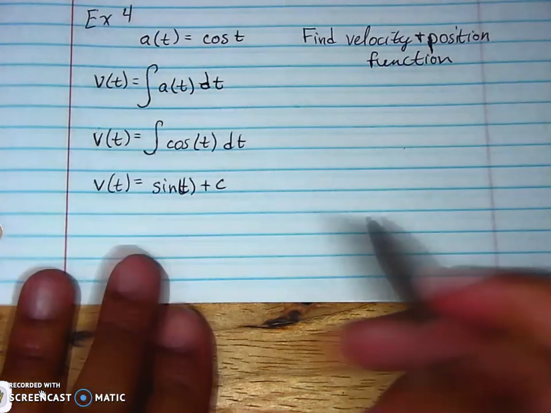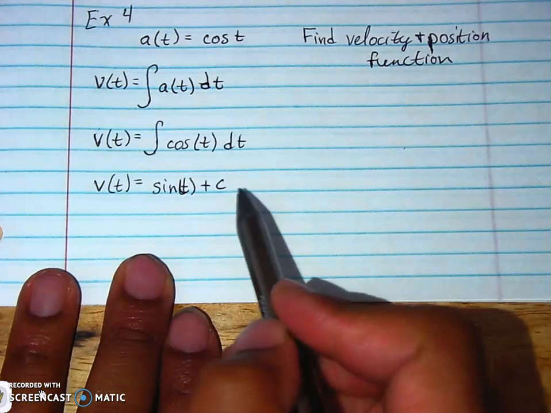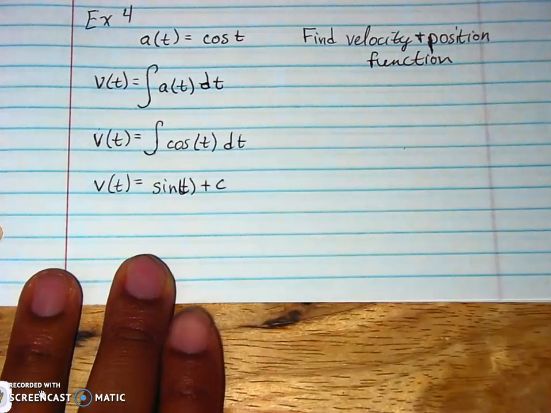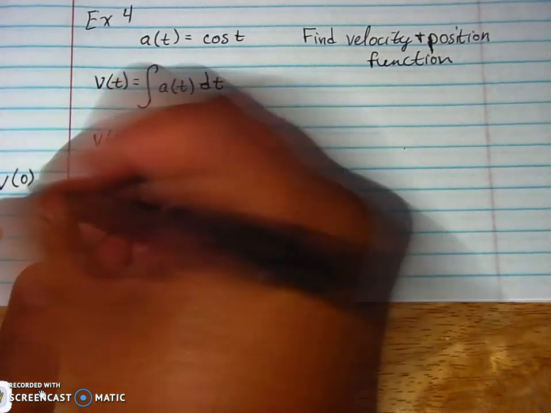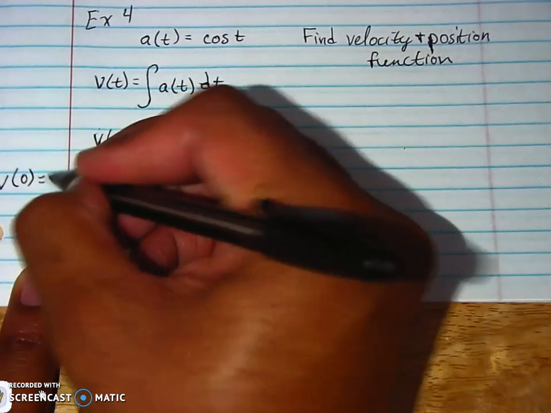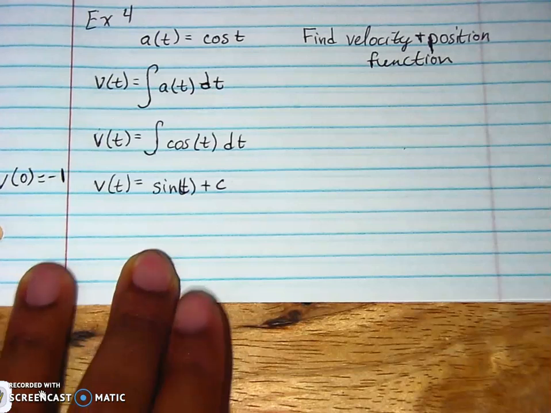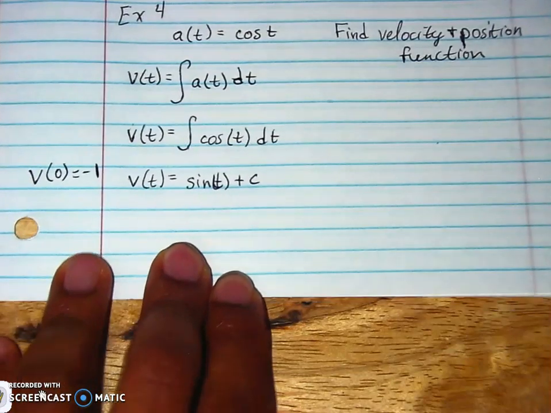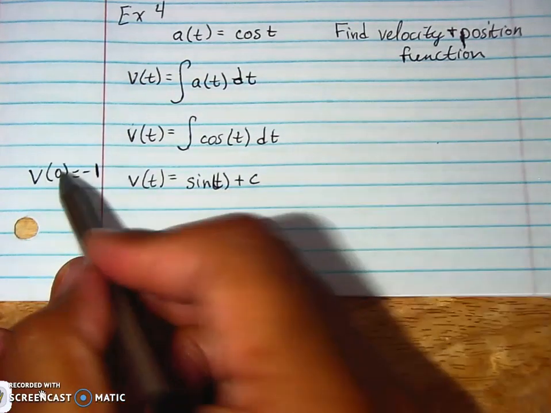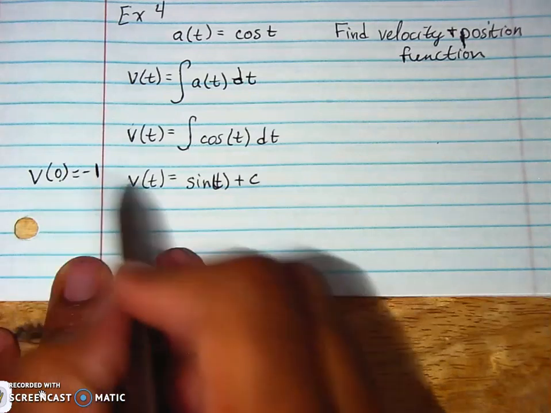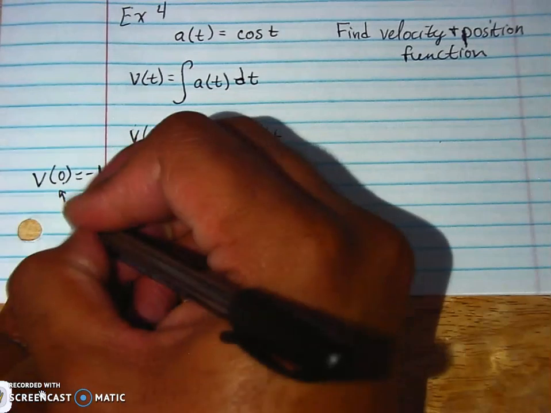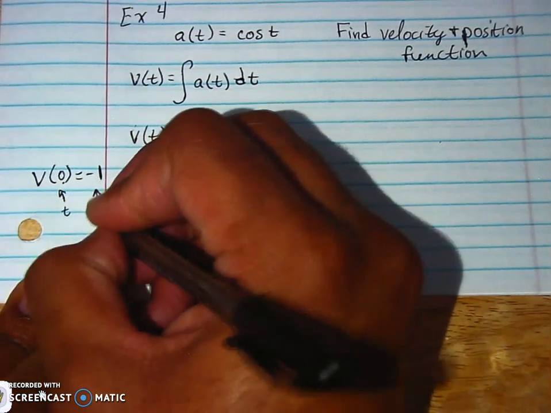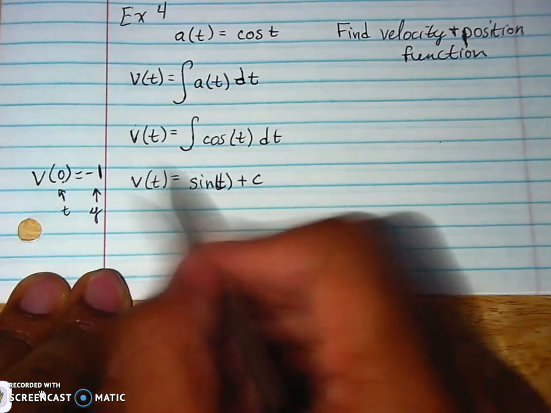So now we have our general velocity equation, but then they gave us the initial value, v of 0 equals -1. So that's t, and v is pretty much y.